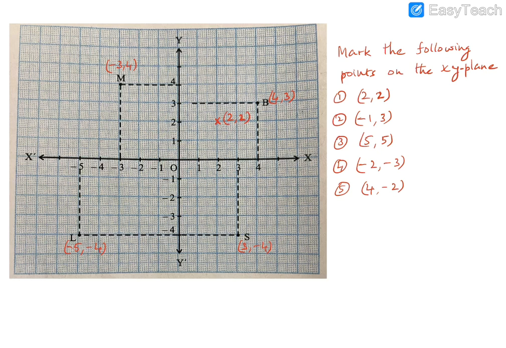Okay. Similarly, for minus 1, 3, we start from the origin and we go on the x-axis to the point minus 1. Because it's minus, we go on the x-axis in the opposite direction. For plus 2, we went to the right on the x-axis, which is the positive x-axis. Now we have to go on the negative x-axis because the x-coordinate is negative. So we go to minus 1.